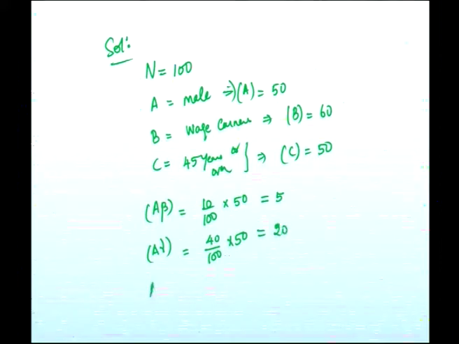Then AB is equal to A minus A beta. A is 50 and you have A beta as 5, which is equal to 45.